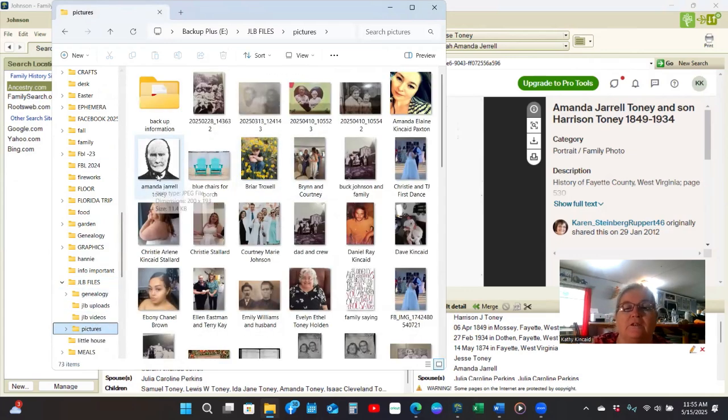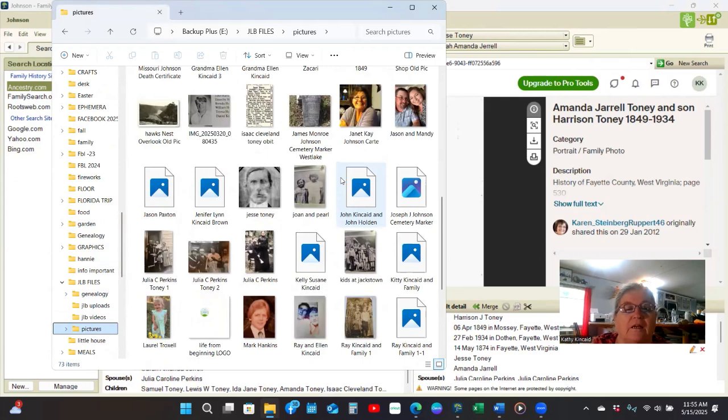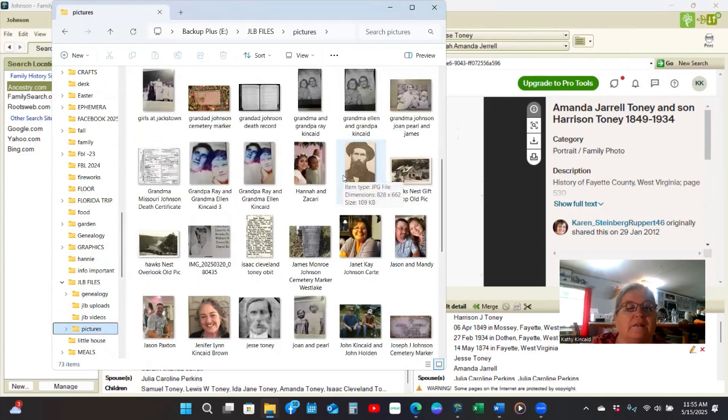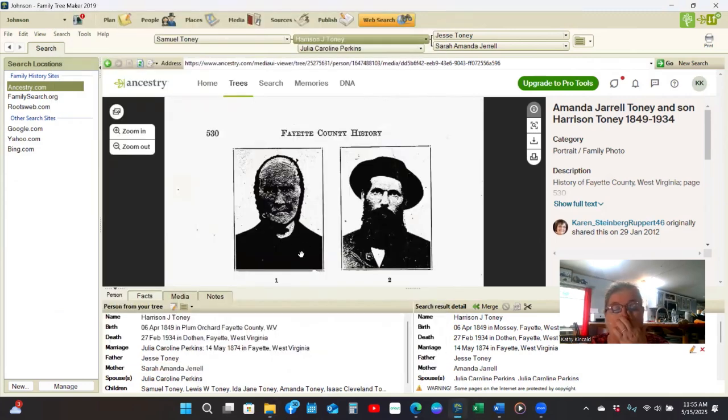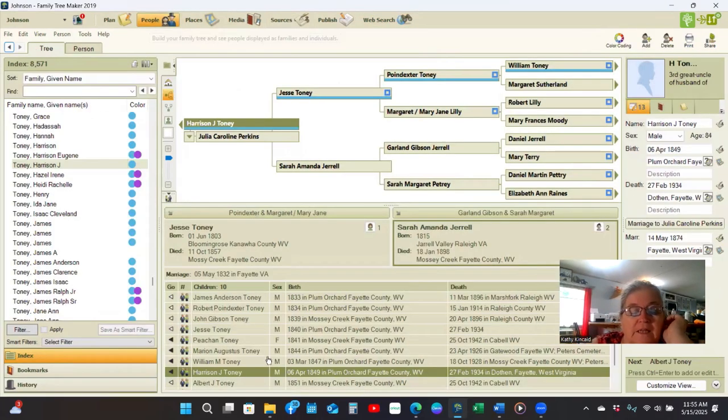Yes, right there. Amanda Gerald is in there already, and Harrison is in there. So I've already got the pictures. Okay, so now we're going to go back and see what our file says.